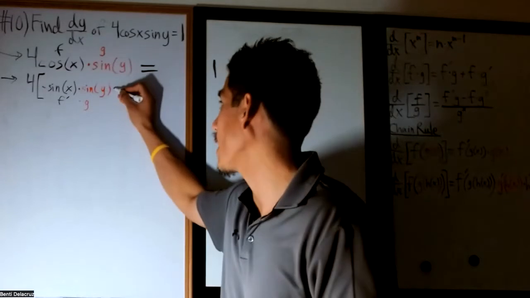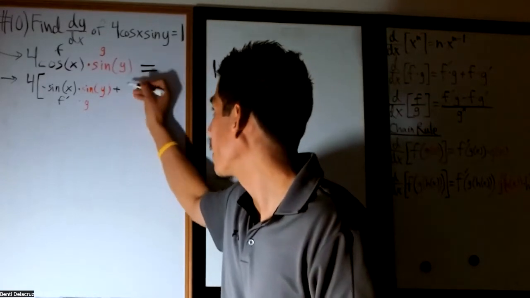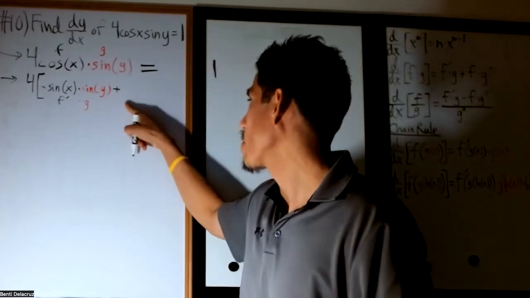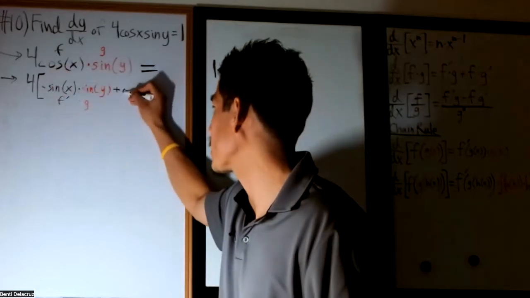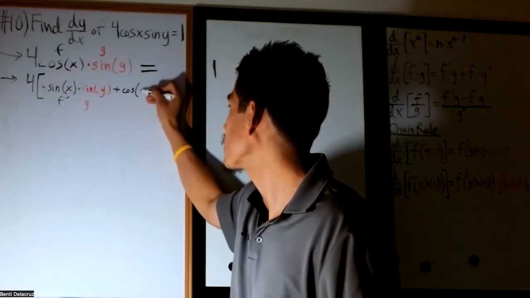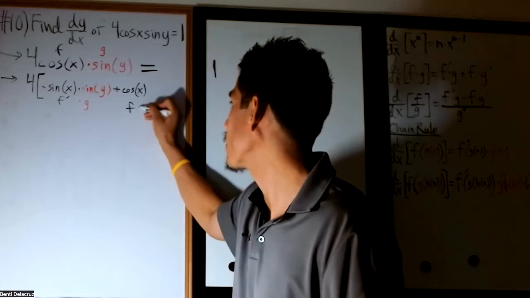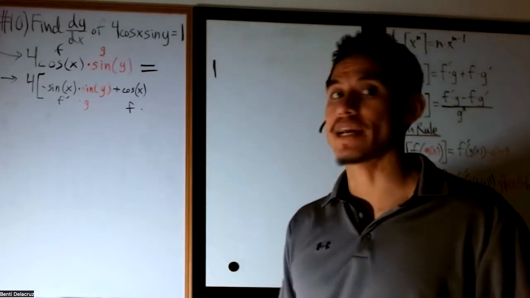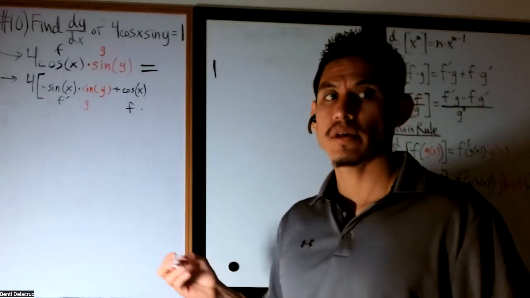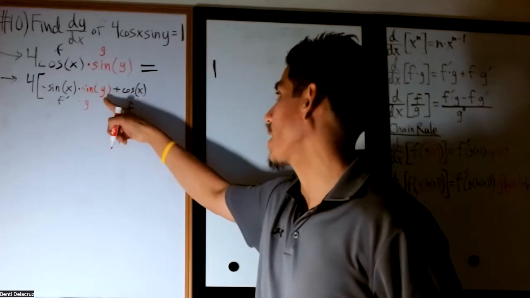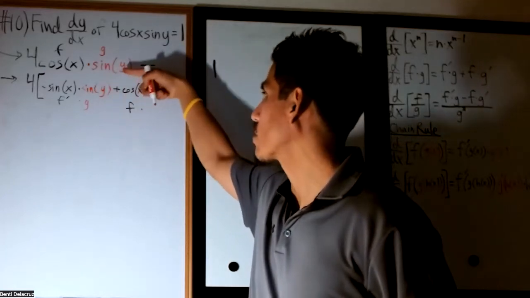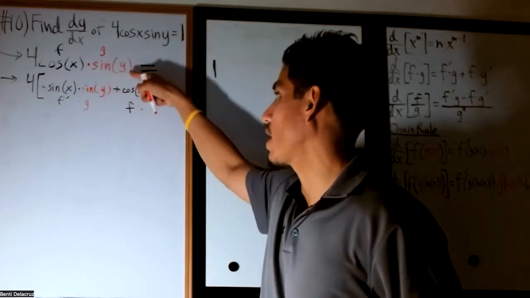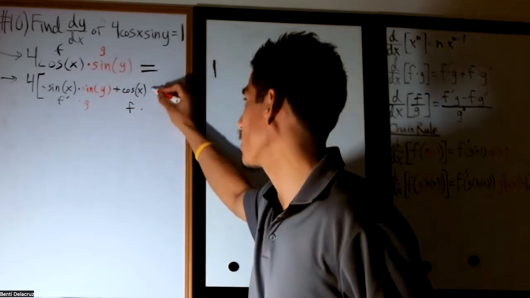And to that, we're going to add f. So just rewrite cosine of x. That's your f. And we're going to multiply that by g prime, the derivative of the sine of y, and that'll be the cosine of y.